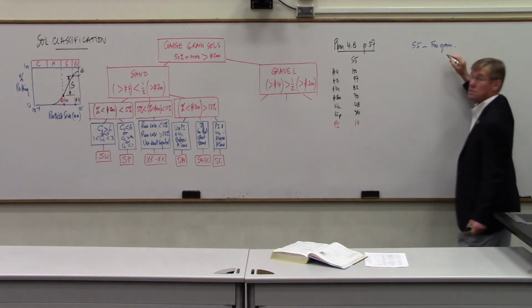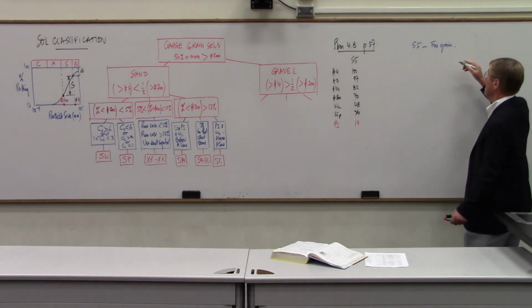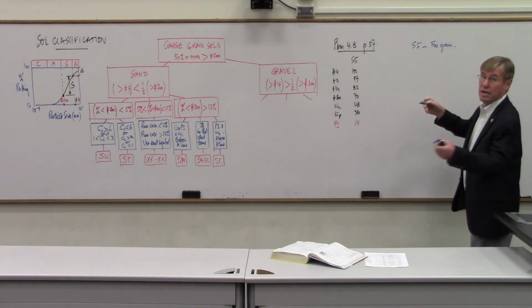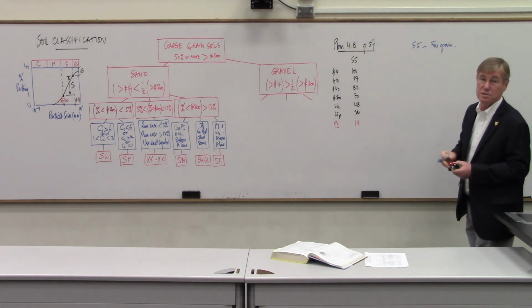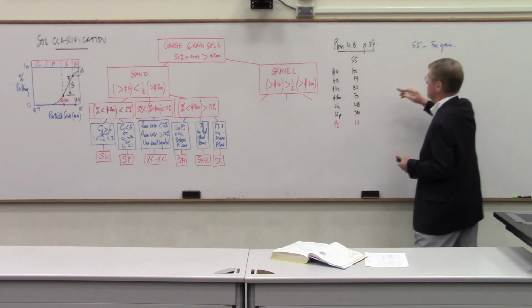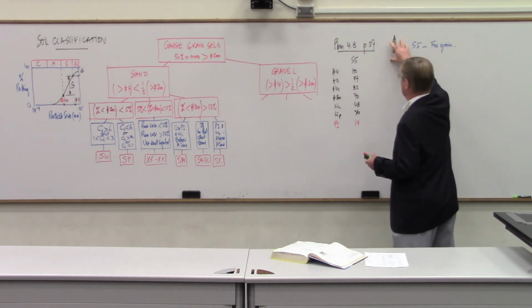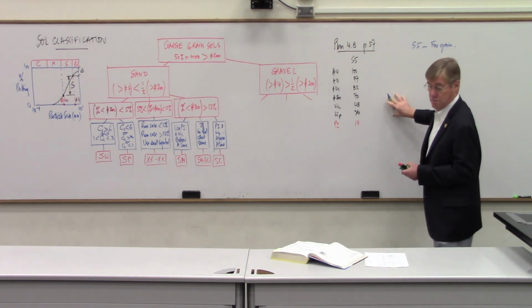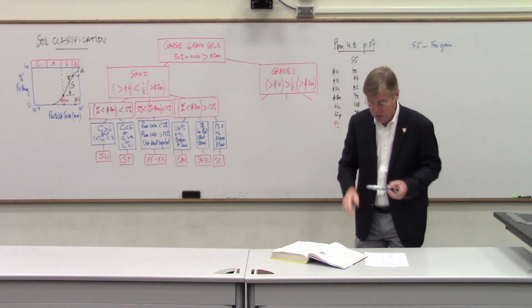And write those things down as you go through, because if you don't write anything, but at the end you say CM, I can't give you partial credit because I didn't see your steps. So fine-grained soil, we go directly to the plasticity chart.